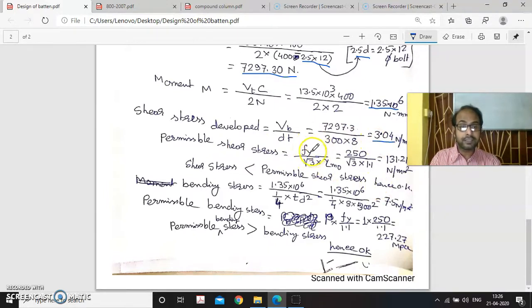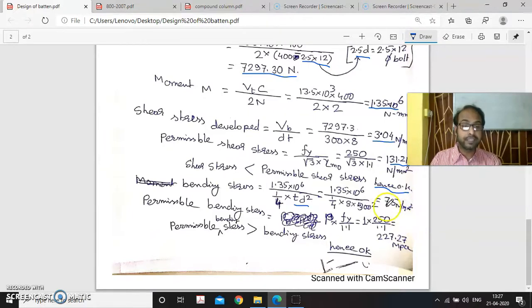The permissible shear stress is Fy by root 3 by gamma m0. It is 131.21. So it is okay because the permissible shear stress is much greater than the actual shear stress occurring. And the bending stress is M by Zp. So M is 1.35 into 10 to the power 6 and Zp is 1/4 b d square. 1/4, not 1/6, because it is the plastic section modulus. The plastic section modulus of a rectangular section is b d square by 4.